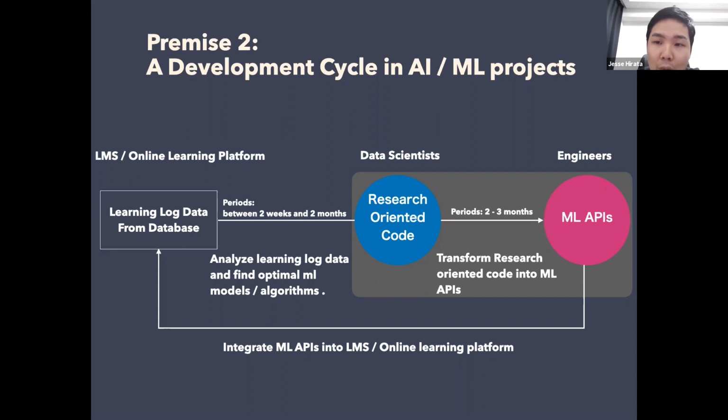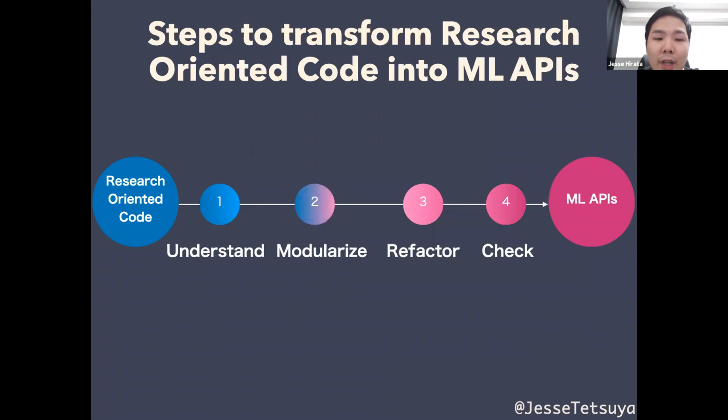This talk focuses on the process of transformation from research-oriented code into ML APIs. There are four steps to transform research-oriented code into ML APIs: understand the research-oriented code, modularize it, refactor it, and write the code to check that it behaves correctly.